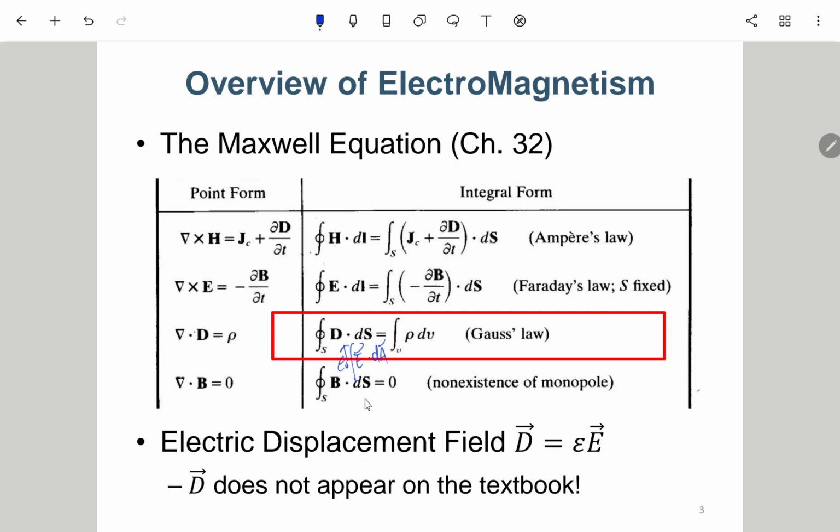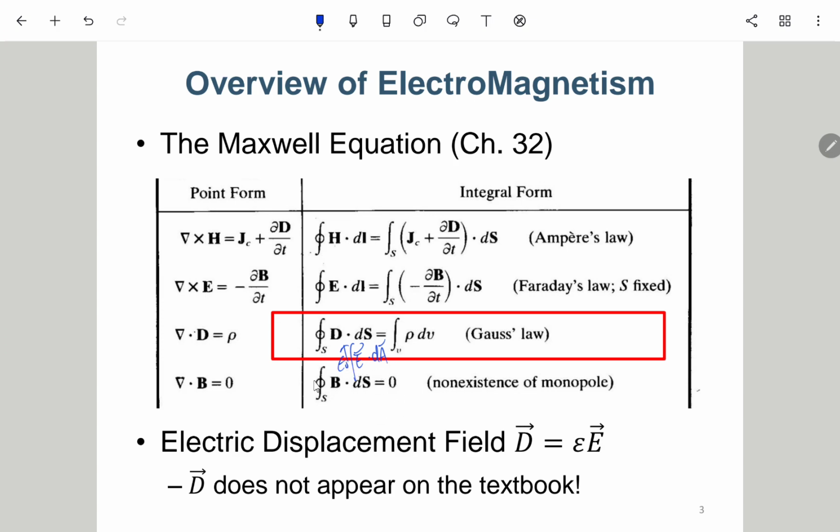The B field version of the Gauss law. You can see on the left side they are similar. This is a closed surface integral of D, and this is a closed surface integral of B. On the right side, this is the total charge inside the Gaussian surface, and there is 0 on the right side of the Gauss law for the B field.